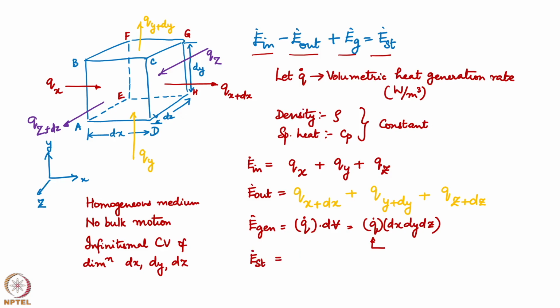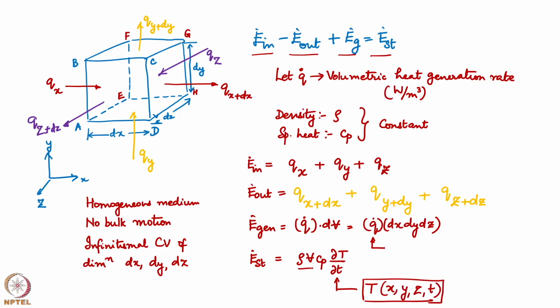Mass is fixed, specific heat is fixed. So, it is nothing but rho into volume into Cp into dT by dt. Why is this a partial derivative? This is a partial derivative because T is a function of x, y, z and time. Therefore, this is a partial derivative.